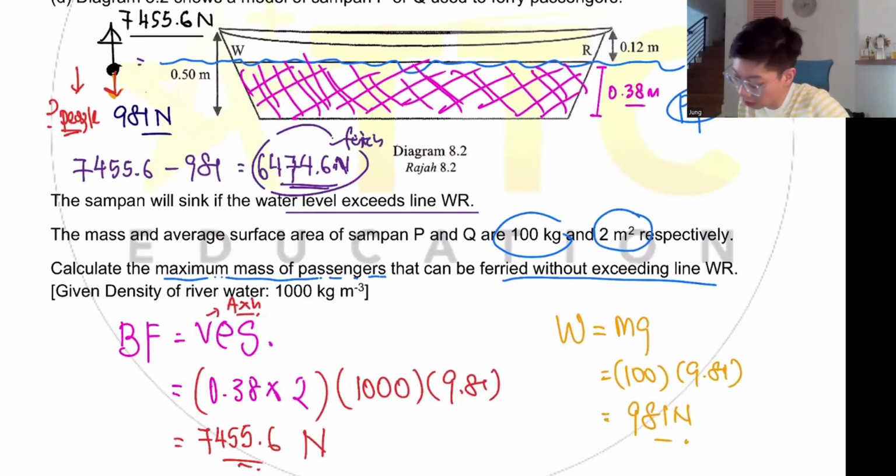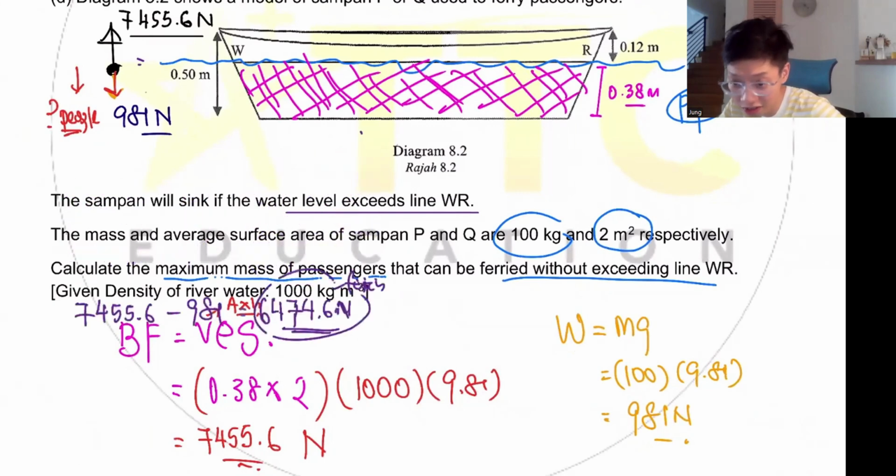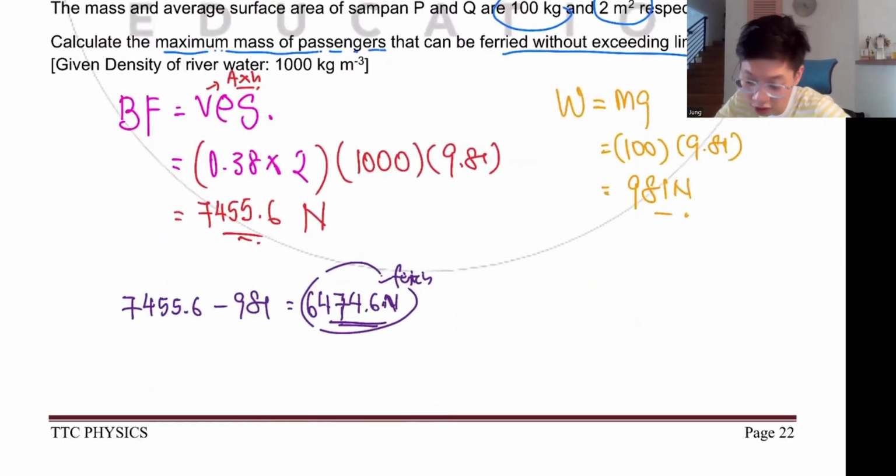Now, why is this not my final answer yet? Very good. What they want me to find is the maximum mass of passenger. I can fetch 6,474.6 Newton, right?